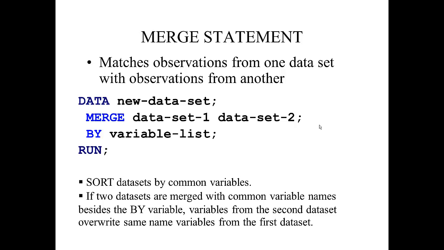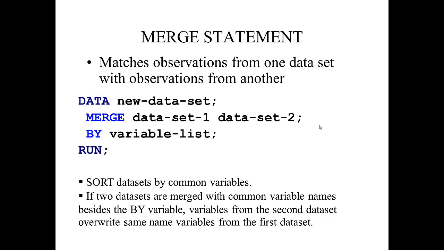So what you're going to need to do first when you want to merge 2 datasets is sort each of the datasets by that common variable, for example, patient ID. If 2 datasets are merged with common variable names besides the by variable, variables from the second dataset will overwrite the same name variables from the first dataset.